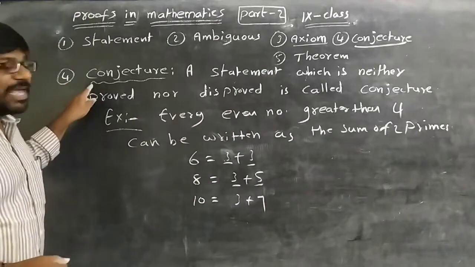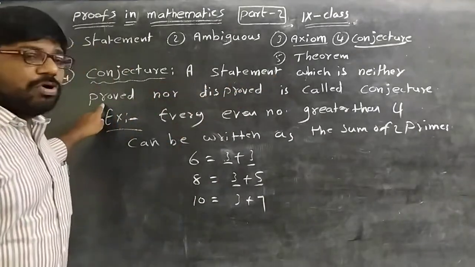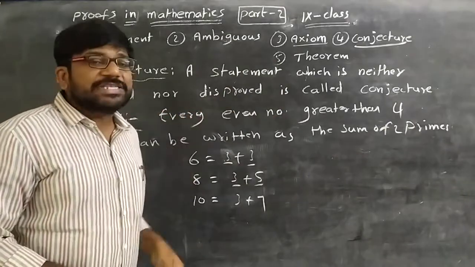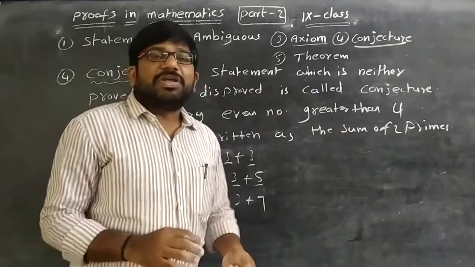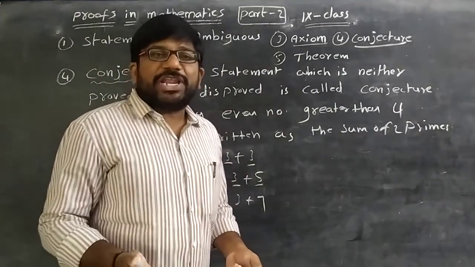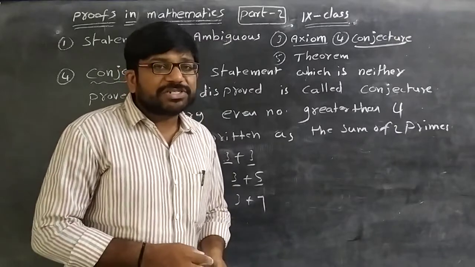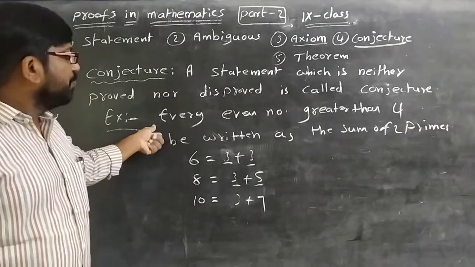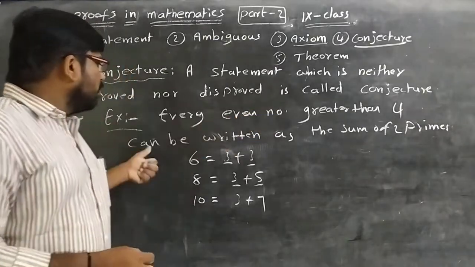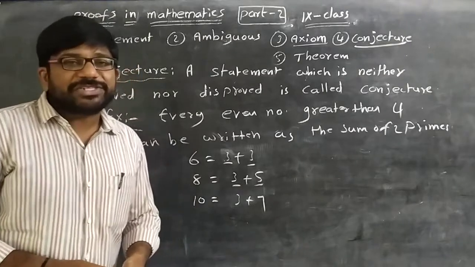So once again, listen, a conjecture means a statement which is neither proved nor disproved, right? So a conjecture is very simple. A statement that we cannot prove, cannot disprove, such statements we call conjectures, right? So for example, this is the Goldbach conjecture: every even number greater than 4 can be written as the sum of two prime numbers, right?